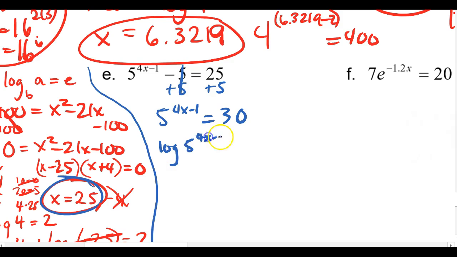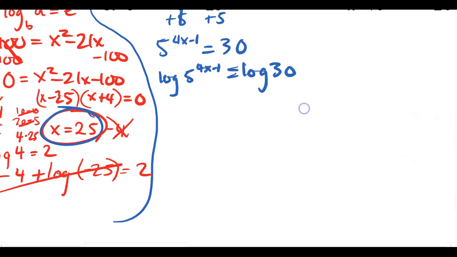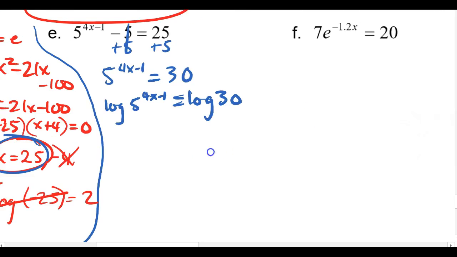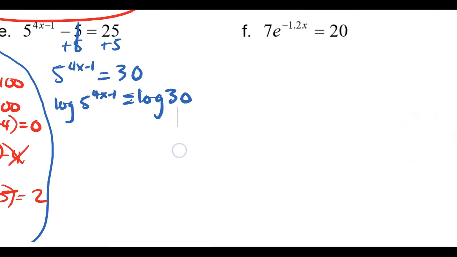5 to the 4x minus 1, and then log of 30. And then we have an exponent here, so we can move that to the front.